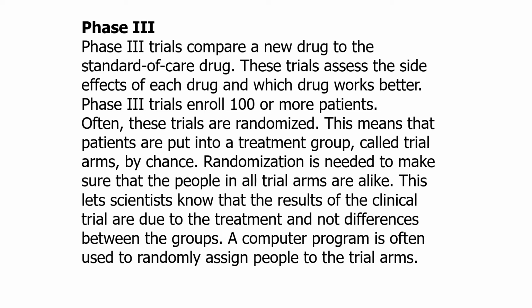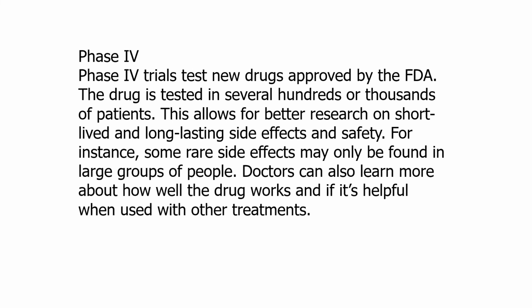Randomization is needed to make sure that the people in all trial arms are alike, which lets scientists know that the results of the clinical trial are due to the treatment and not differences between the groups. So the computer will do this task, assigning people to the groups.